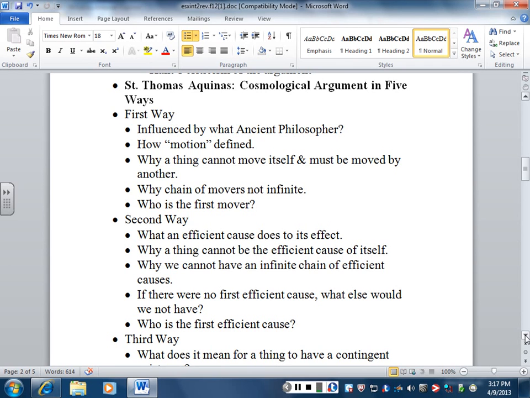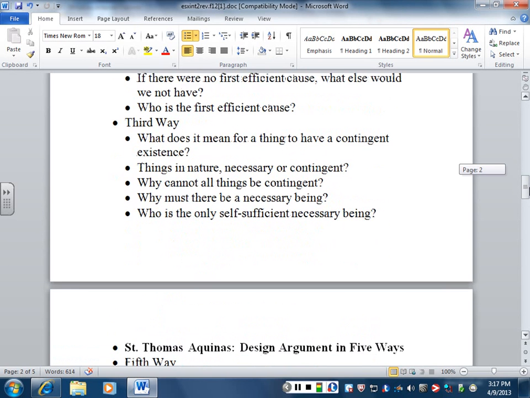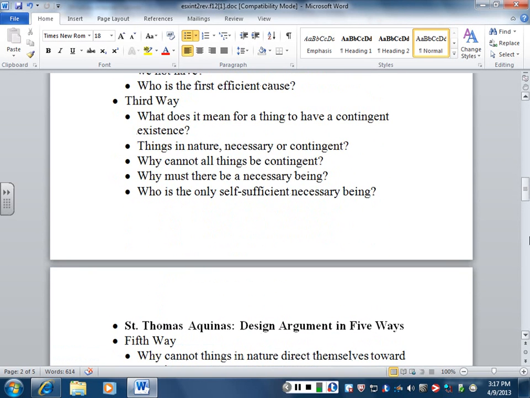Now, the third way is the most complex, and I simplify it greatly, believe me. But existence, necessary existence, and contingent existence, those are called modalities. So for a thing to be contingent, everything in this room is contingent.